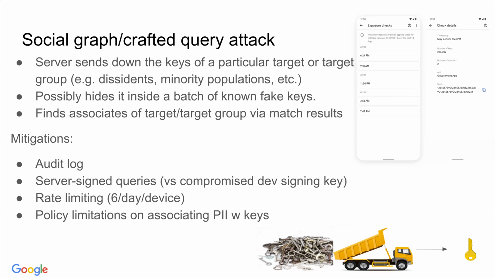Secondly, we require the diagnosis key server to sign the matching queries, which defends against a compromised app developer, because you can't inject keys through the app. Thirdly, we rate limit the number of matching queries to 6 per day to prevent brute forcing using this kind of attack. And finally, we have strong policy limitations on the association of any PII with the keys.